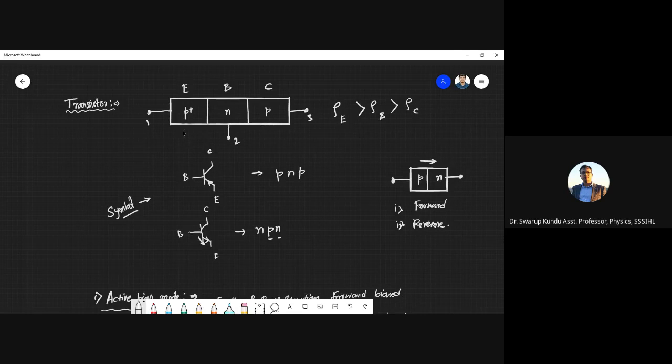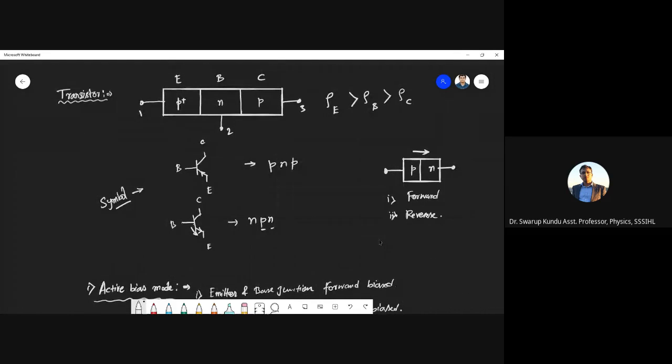But in a transistor, if you take the direction, the sum of all three currents has to be zero. If you think of the transistor as a junction, the sum of all these three currents should be zero, Kirchhoff's current law. All of you studied. So in a transistor, there are two independent currents.